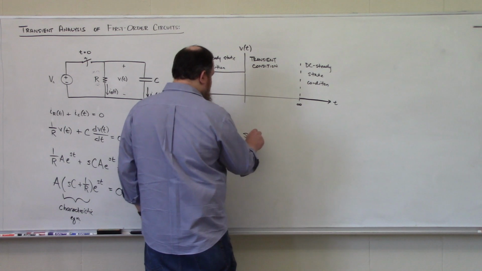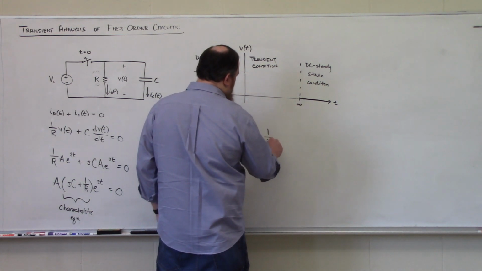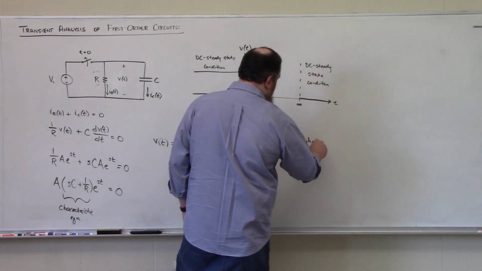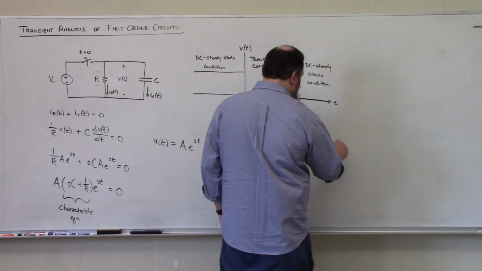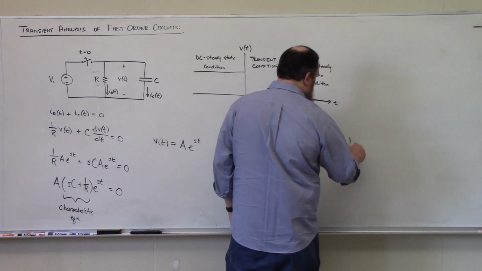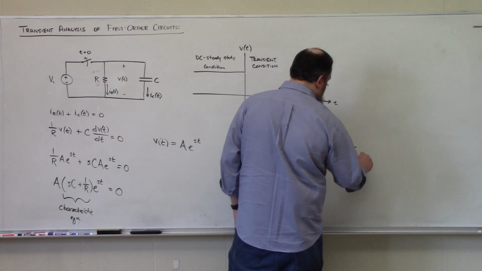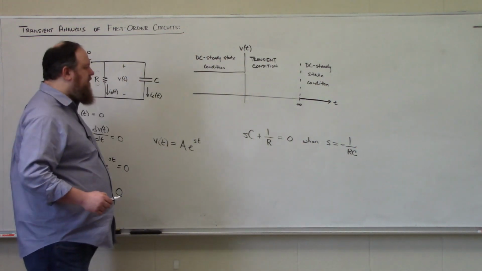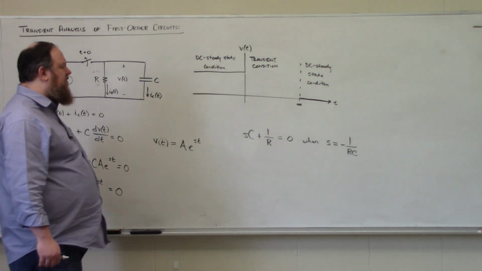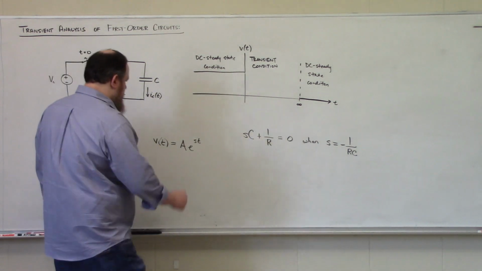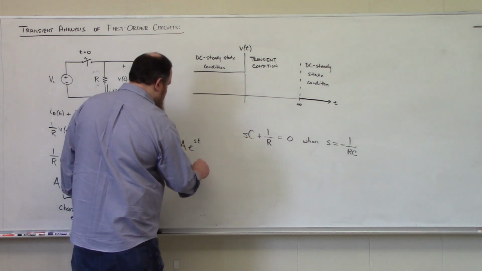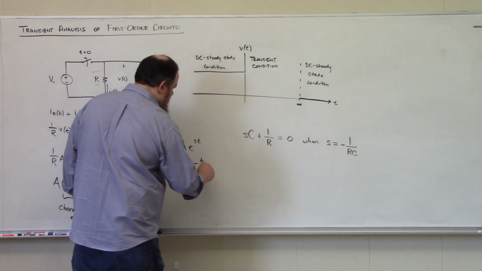So sC plus 1 over R will equal 0 when s is equal to negative 1 divided by RC. So the natural frequency of our system is negative 1 over RC. So we have A e to the negative t divided by RC.